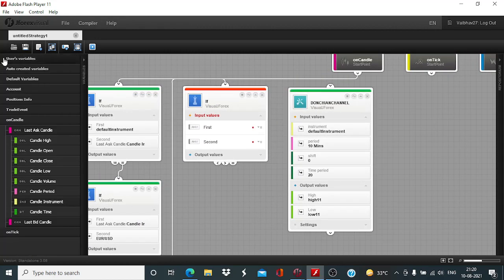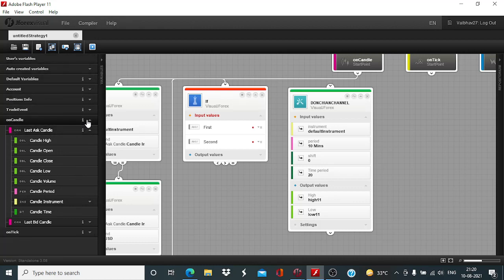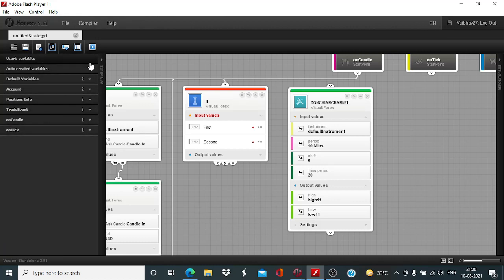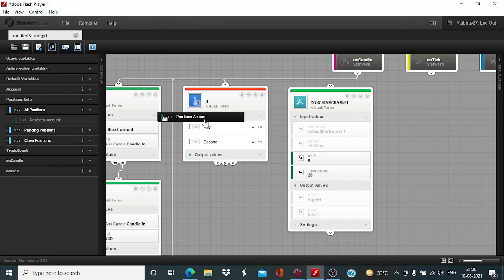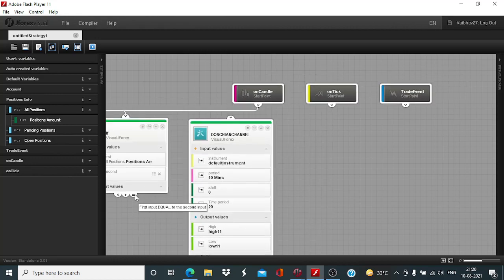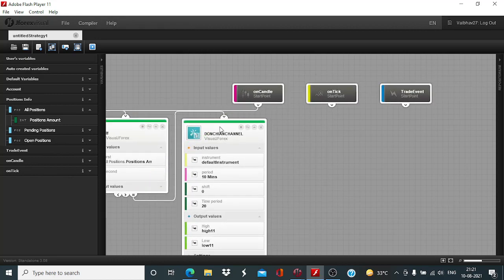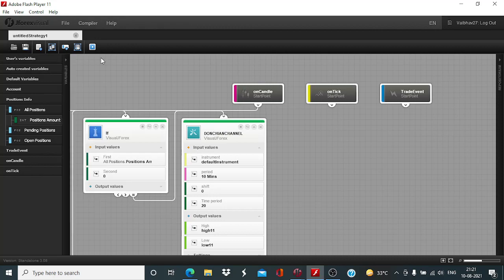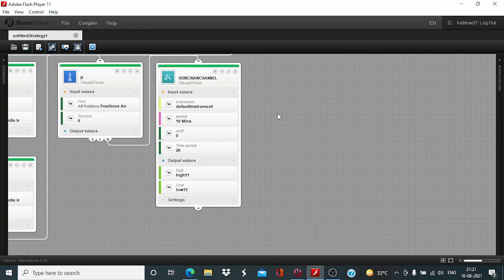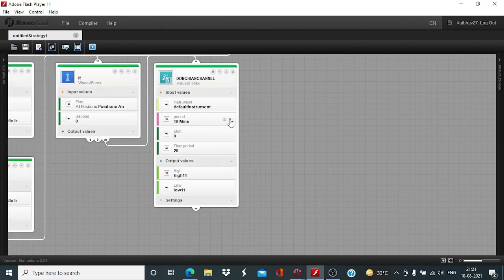After that, additional condition regarding the position amount will need to be defined. All position amount equals to 0, and time period I will change to 1 hour.